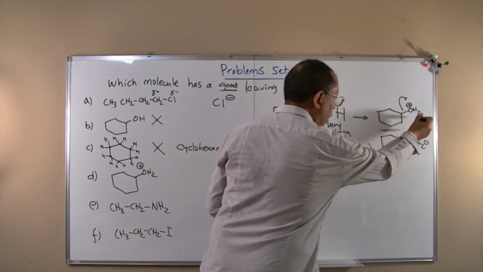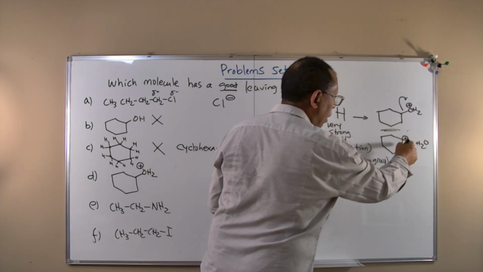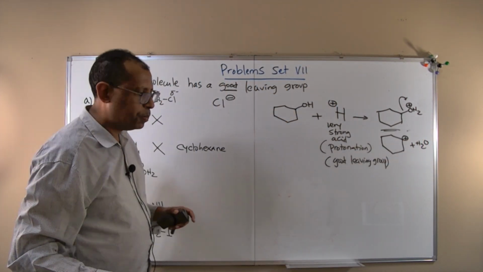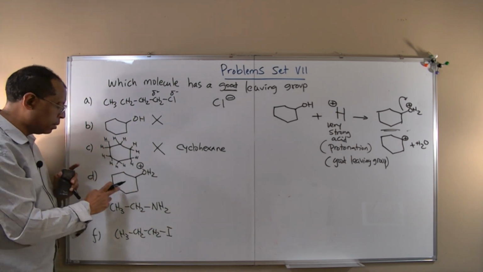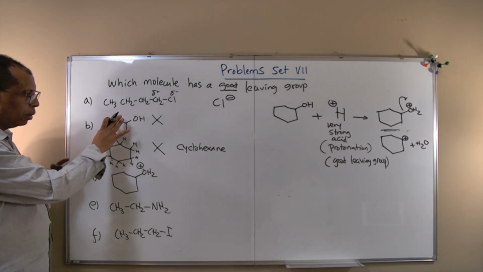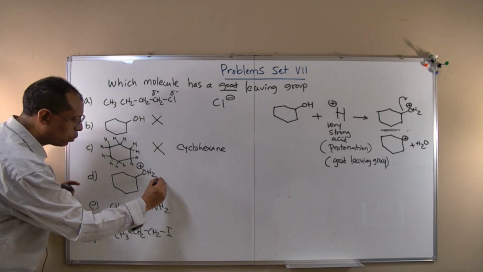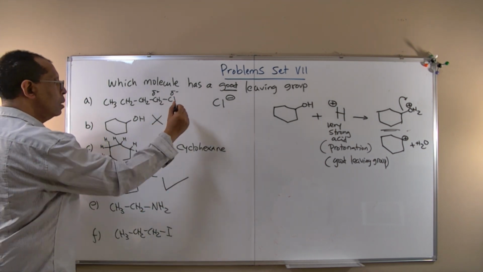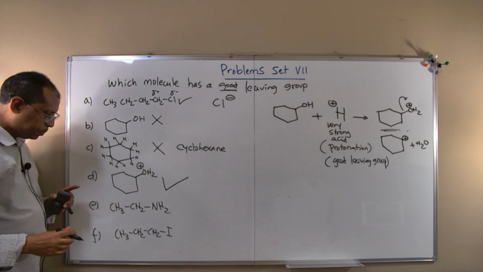Then any nucleophile you have can come and attack that carbon. Very important concept in these two questions. This is not a good leaving group, no reaction with this, but this one is a good leaving group.